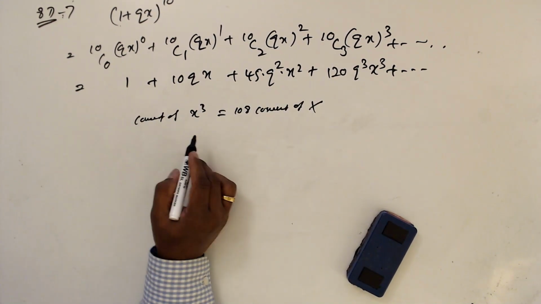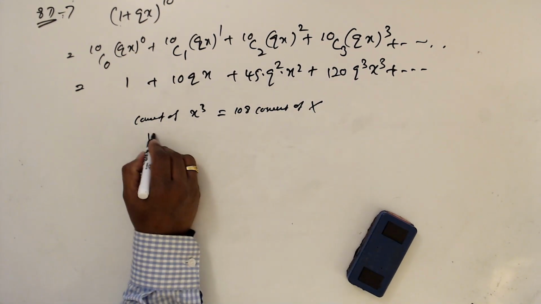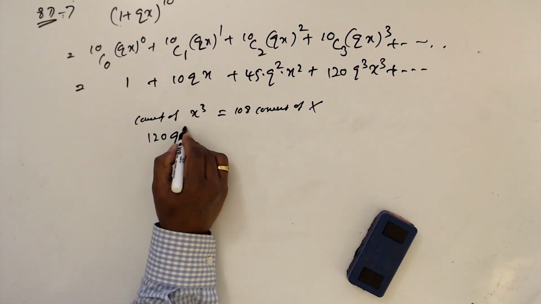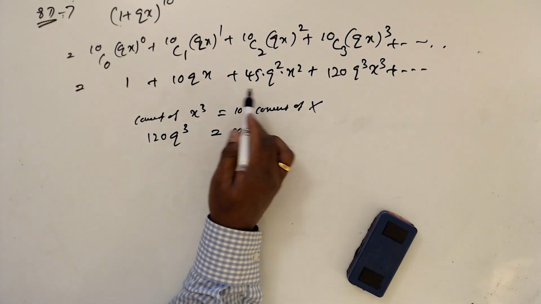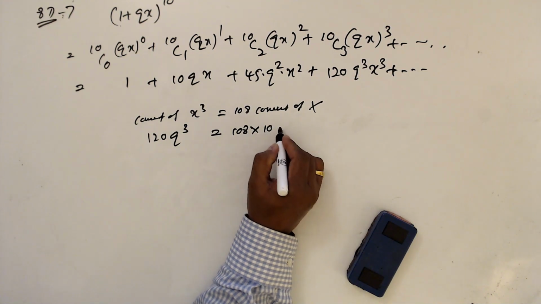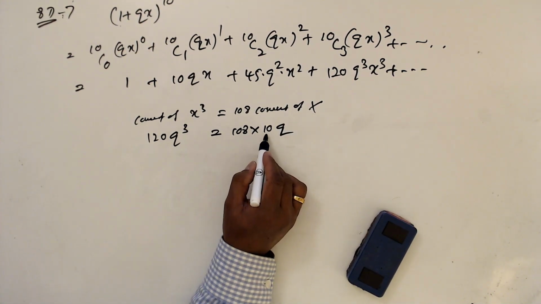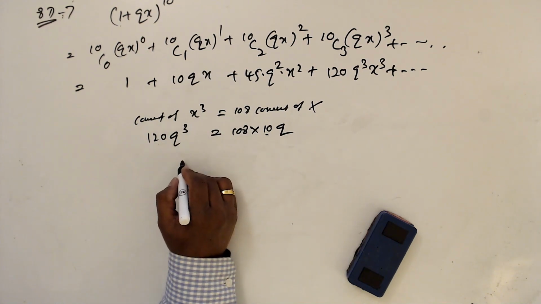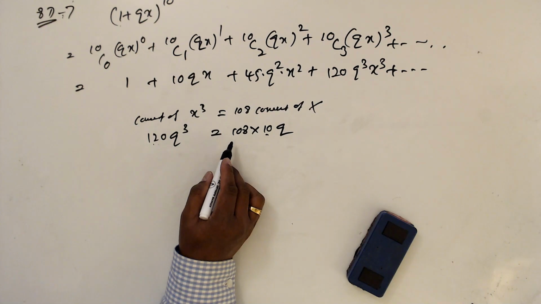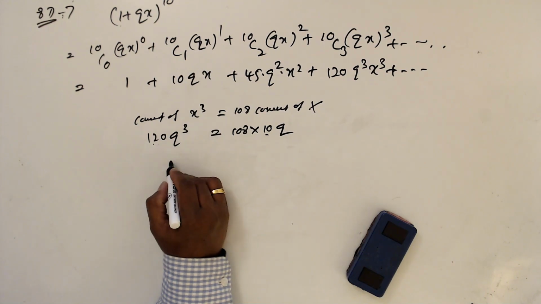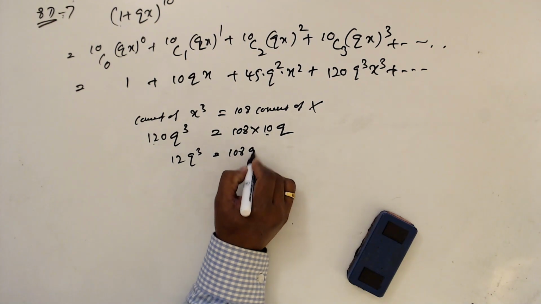That's the equation given. The coefficient of x cube, which is 120 times q to the power 3, equals 180 times the coefficient of x, which is 10q. So I can see this is cancelled out, and 12 times q cubed equal 108q.